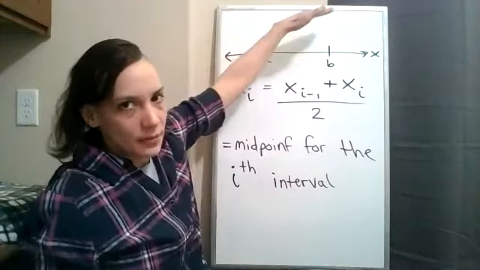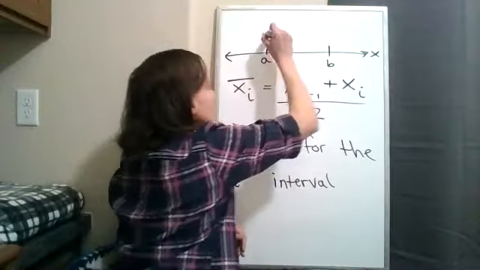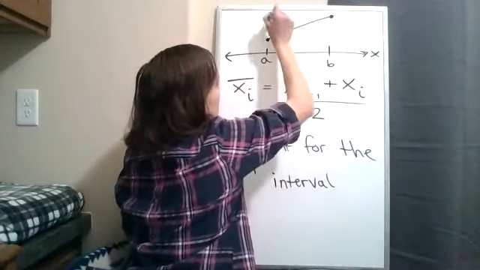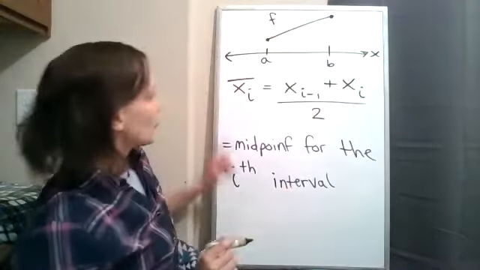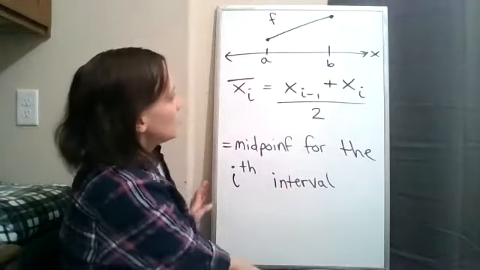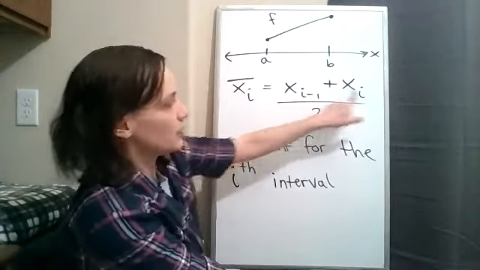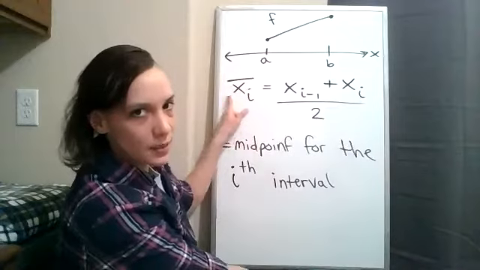We'll do a straight line. Between x sub i minus 1 and x sub i is this midpoint.